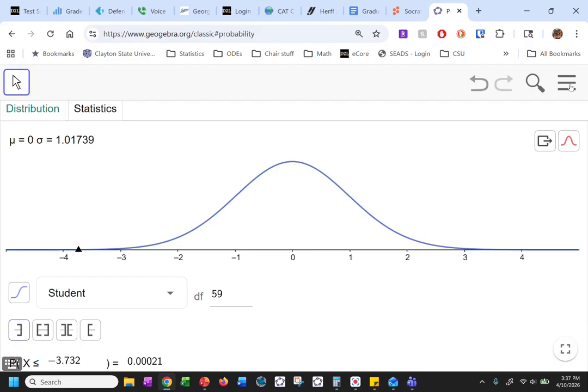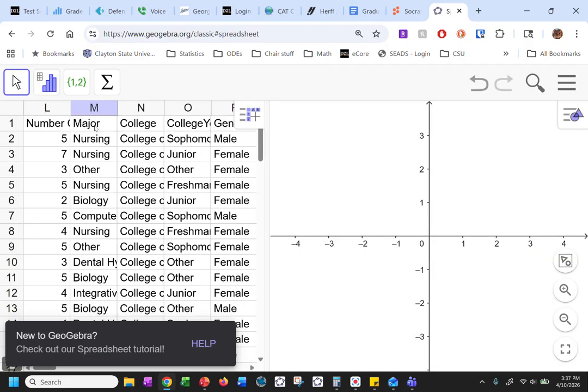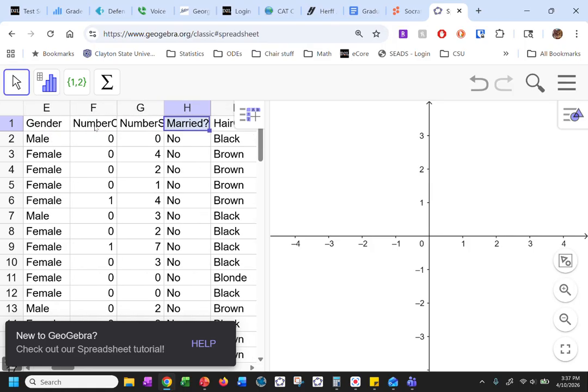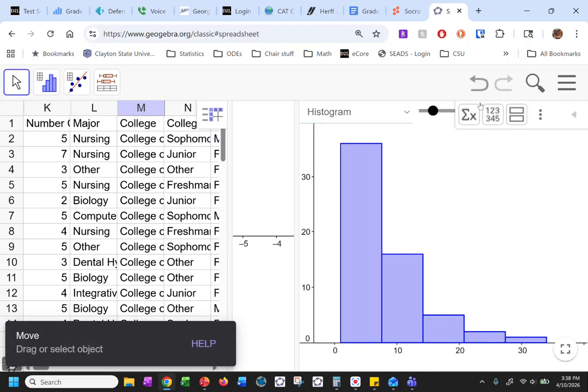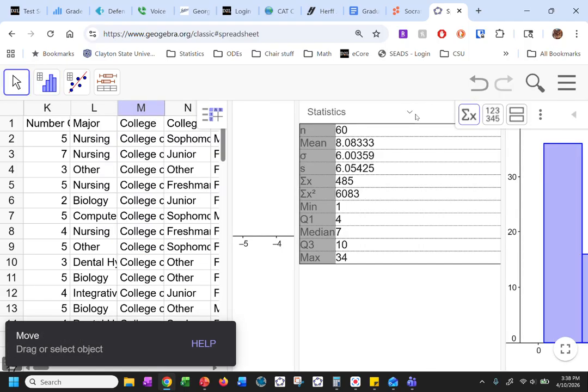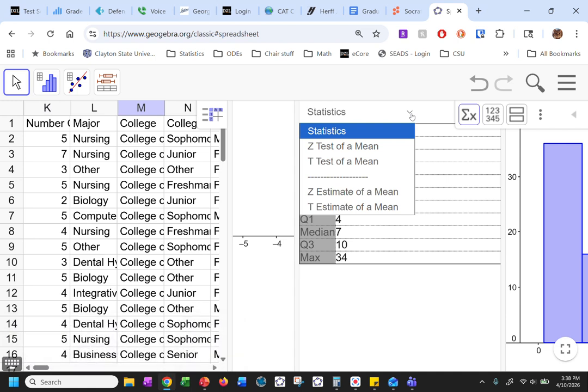I'm going to go back to our spreadsheet view. And apparently we're going to have to redo our, there we go, states visited, make the histogram, calculate the statistics. And then we can go to this pull down menu. We are doing a hypothesis test, right?